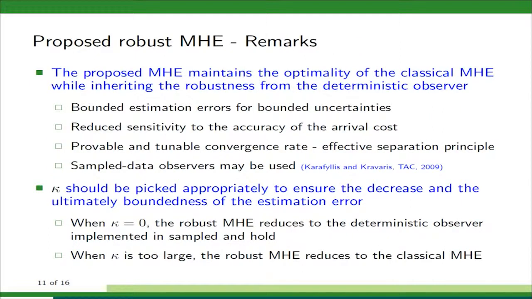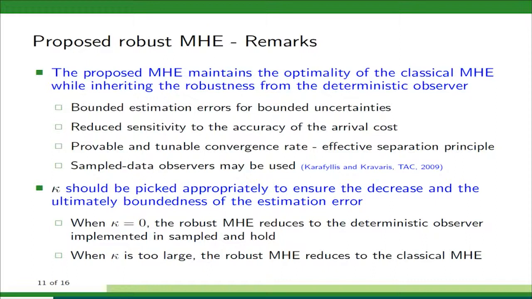The proposed moving horizon estimation combines the advantages of deterministic observers and moving horizon estimation in a unified framework. And we can get bounded estimation errors for bounded uncertainties. This is very difficult to achieve in the classical moving horizon estimation scheme.